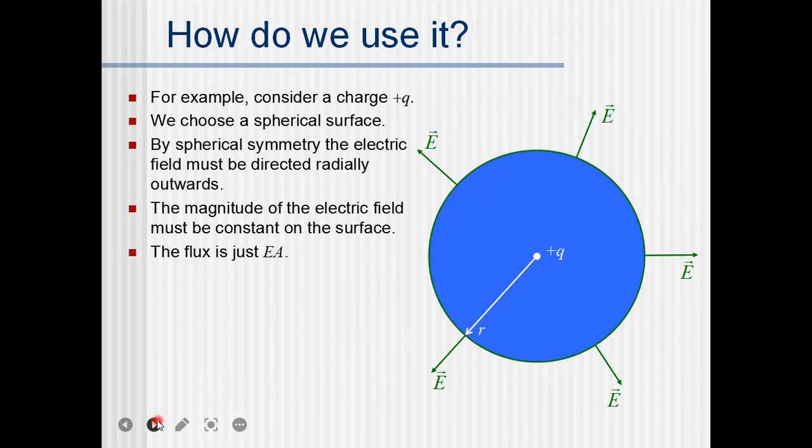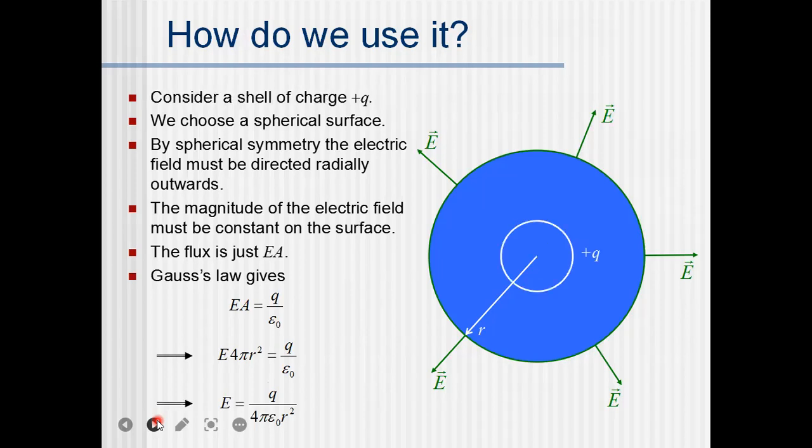The flux is just EA, the electric field multiplied by the enclosed area. So Gauss's law gives E times 4 pi r squared equals Q by epsilon naught. So E equals Q divided by 4 pi epsilon naught r squared, which is actually Coulomb's law.